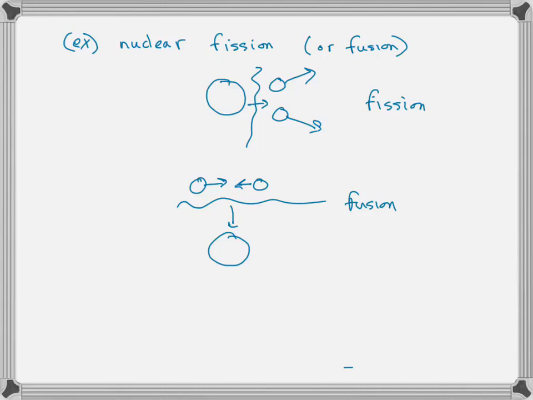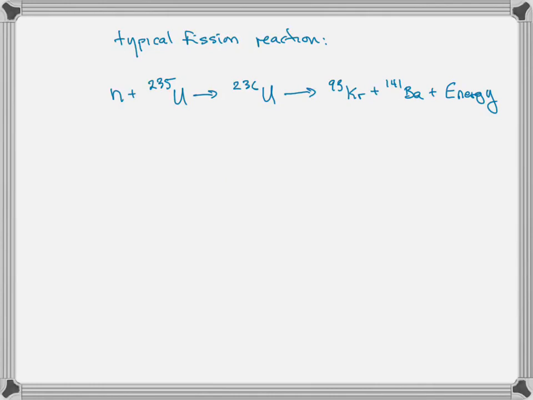But the nuclear reaction can be written as... The typical fission reaction in a nuclear power plant might be something like uranium-235, which is naturally occurring, and you combine that with a neutron to make uranium-236, which is unstable.